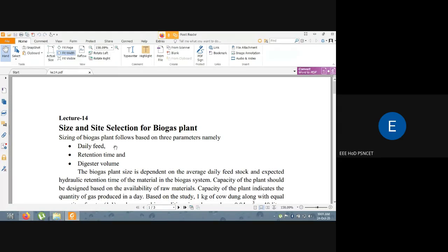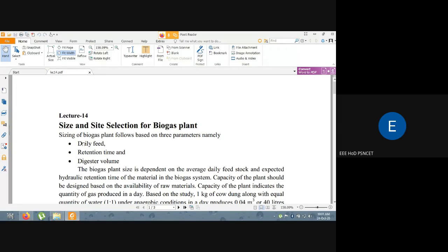In that unit, the cow dung is mixed with the water, and then it will be applied into the digester. So that daily feed defines the amount of cow dung applied on the mixing table.